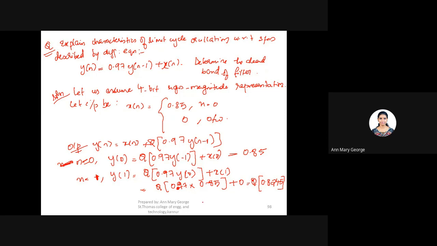0.8245 can be represented as 0.110100. Okay.